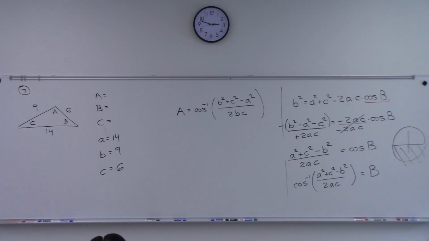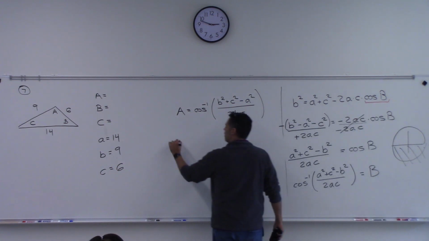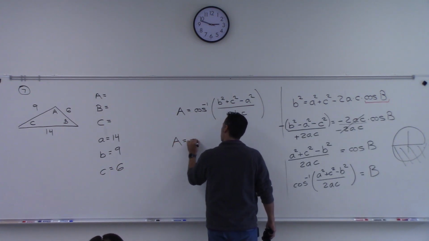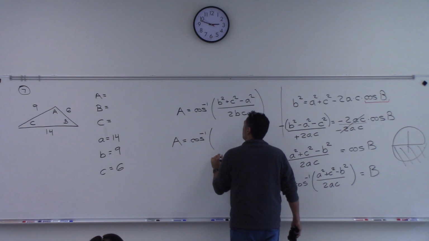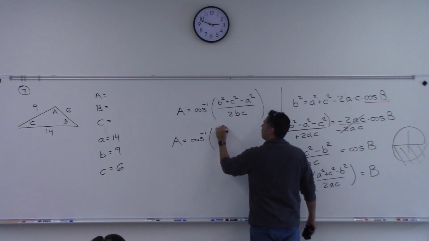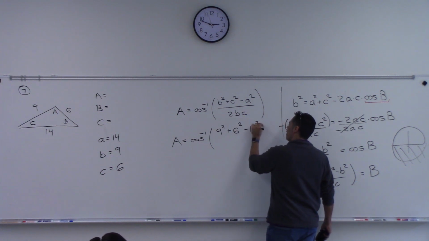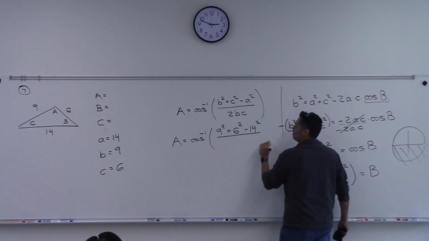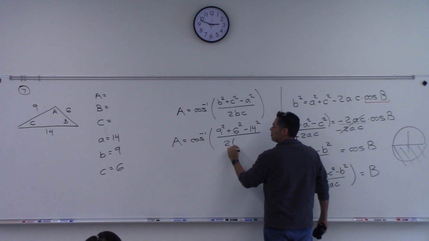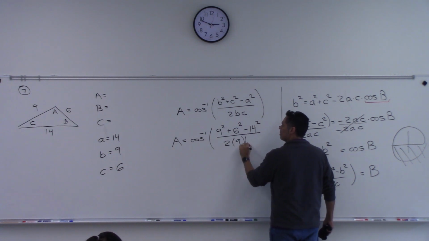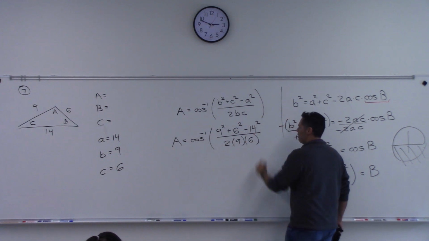You can just look it up. So capital A here is cosine inverse of 9 squared plus 6 squared minus 14 squared all over 2 times 9 times 6.